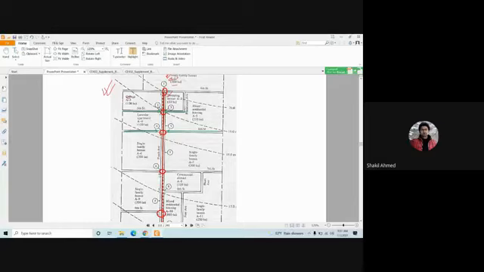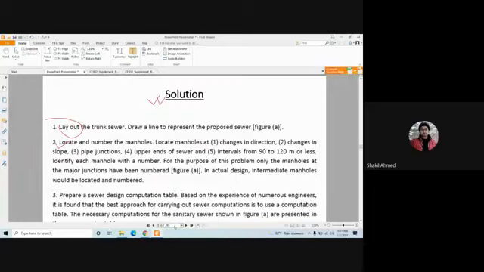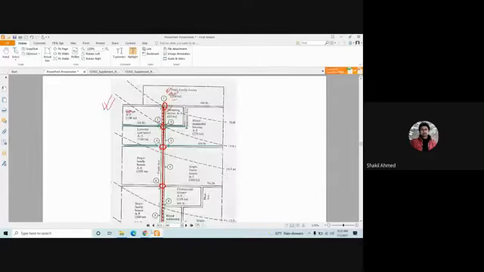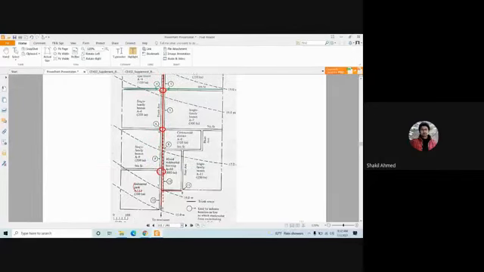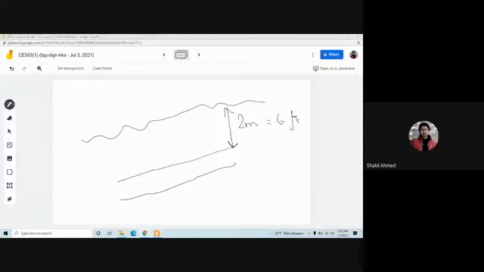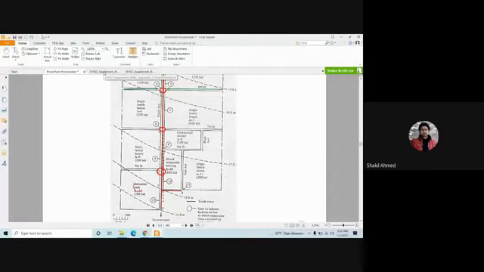Now, look at and number the manholes. This is the intersection of the main sewer and the trunk sewer, so we are putting the manholes here. What's next?